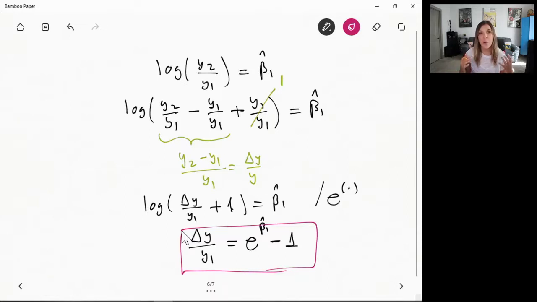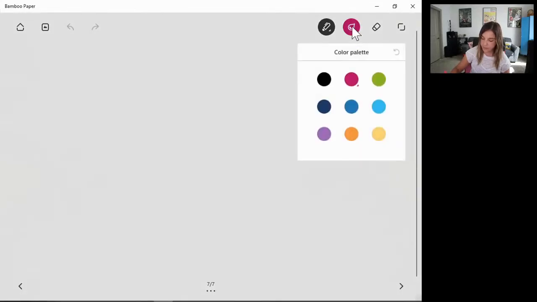How do we go from this exact association to the approximation that we saw, about just multiplying beta 1 by 100? It's also very easy if you remember from calculus.